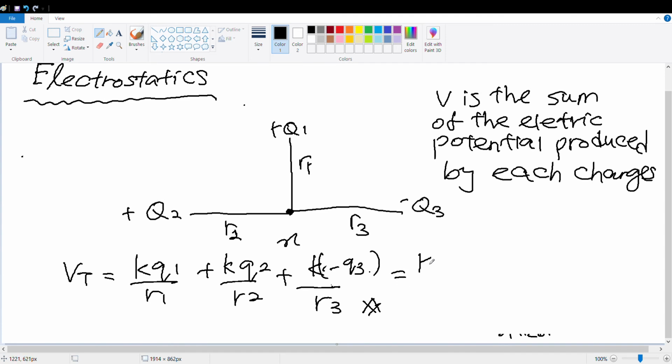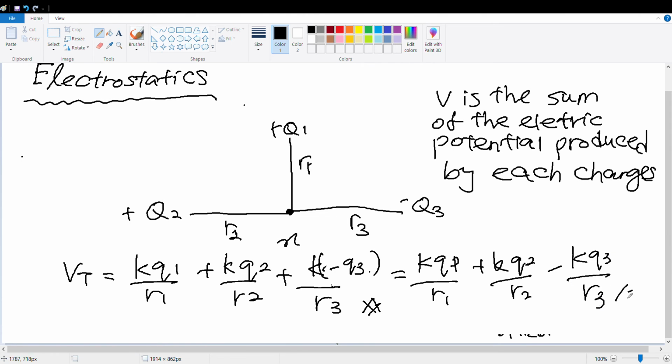So KQ1 over R1 plus KQ2 over R2 minus KQ3 over R3. The negative sign shall be included since the electric potential and electric potential energy can be positive or negative, depending on the type of charge exerted in the region of the electric field, of course. Okay, so I think that's it for the theory.